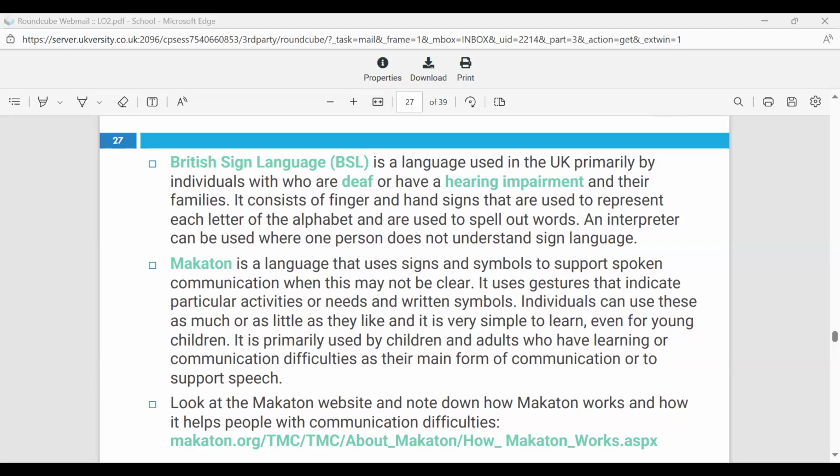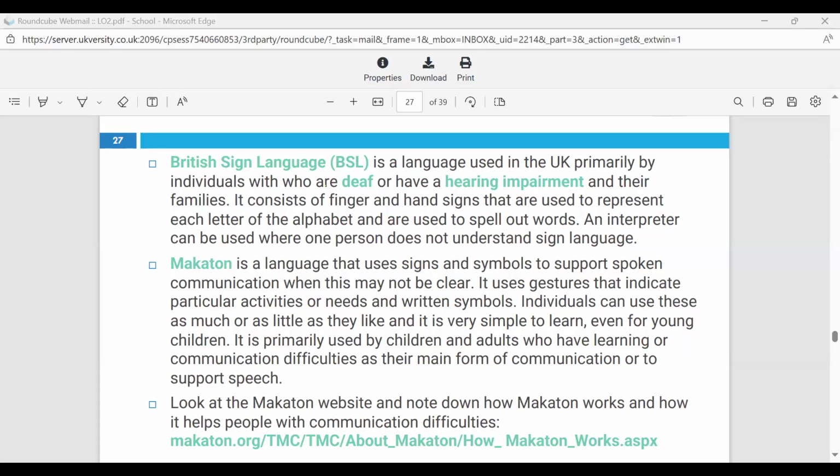Makaton is a simplified communication program that combines BSL, speech and symbols to support people with learning or communication difficulties. Makaton signs are used with the spoken English word, whereas BSL has its own distinct grammar. So Makaton is used by both hearing people and those who are non-verbal to support communication.